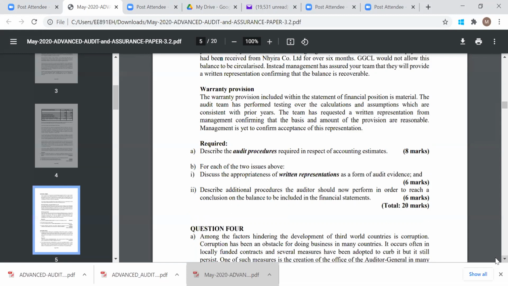And what will you be reviewing? You can review the board minutes. If they have some board minutes or any legal correspondence, you can review it to check if there's been any legal action taken to recover any of these amounts that has gone into debt.